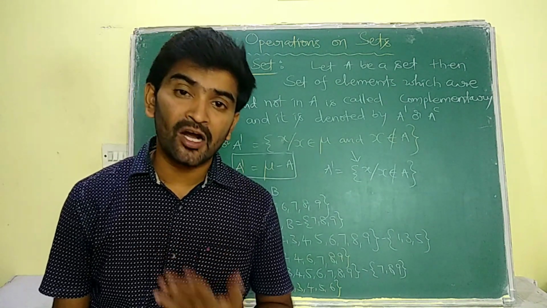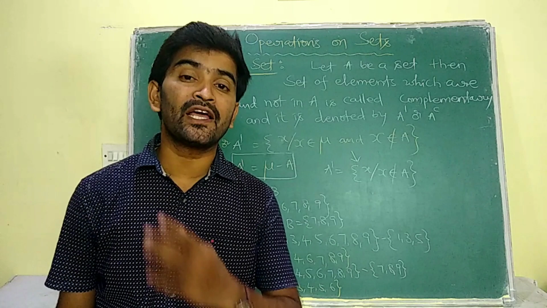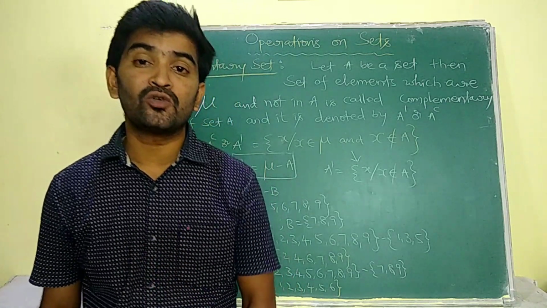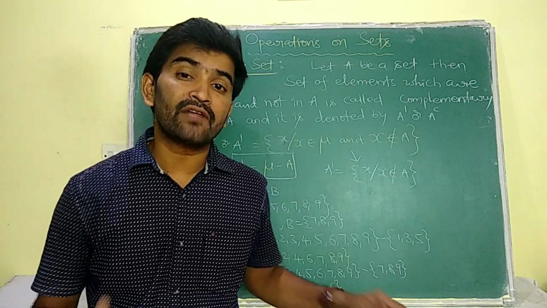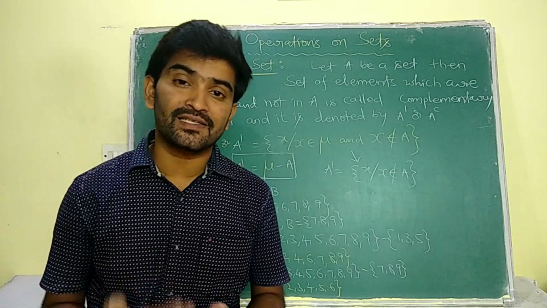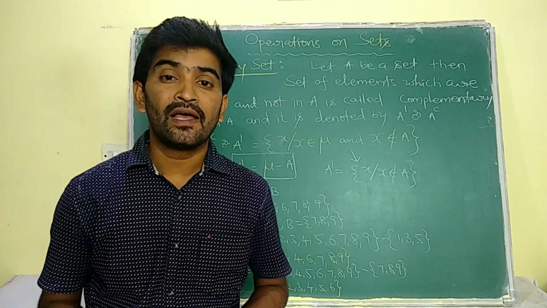If I want to find A complement, then I have to remove all the elements of A from the universal set mu. Then whatever elements I get, that set is known as A complement.